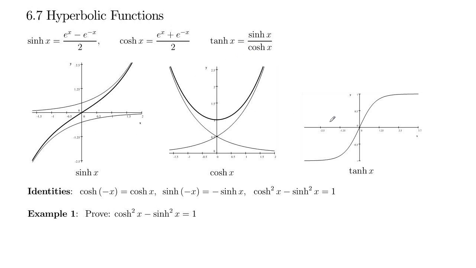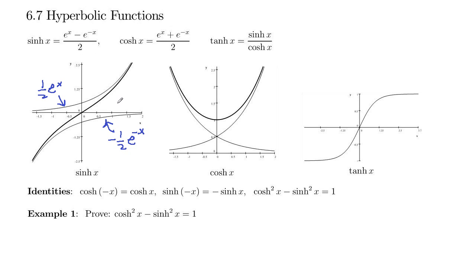So here's the graphs down here. For hyperbolic sinh, that's this one here. This is the graph of 1/2 e to the x. And then this one down here is the graph of negative 1/2 e to the negative x, which are these two pieces here.